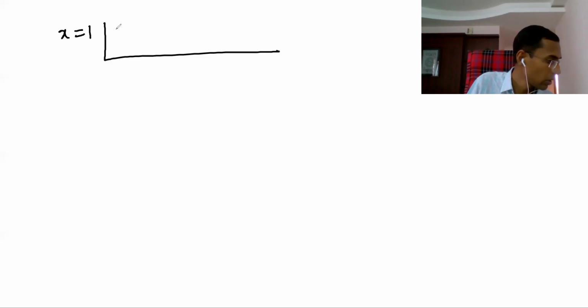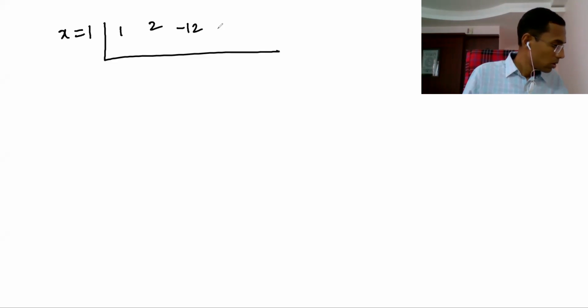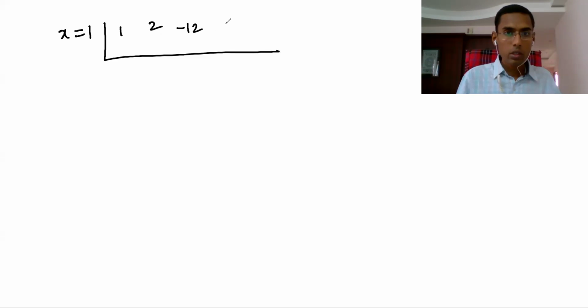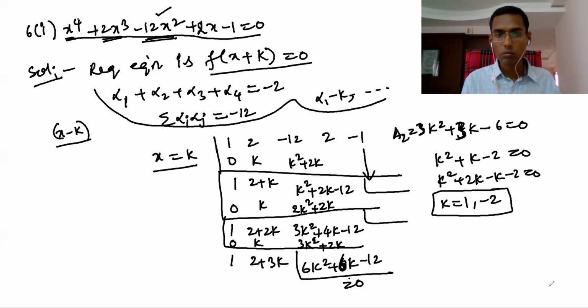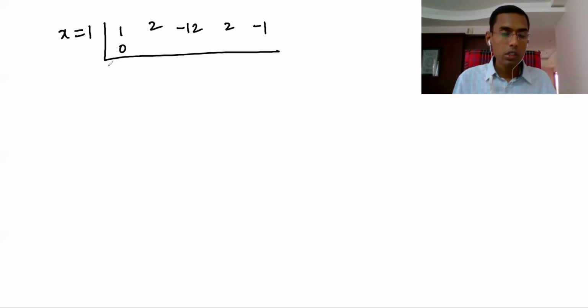You see, this is 1, 2, minus 12, and this is 2, this is minus 1. Hope this is what we have taken. Then we just see here very clearly: 1, this is 1. This is 3, and this is 3.